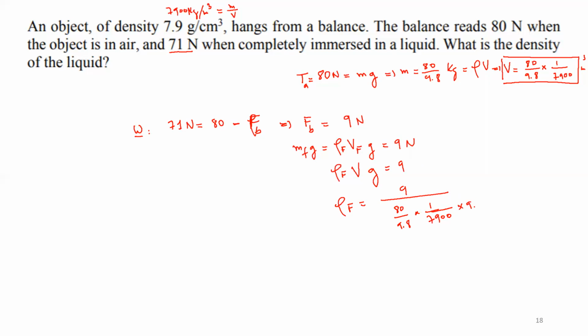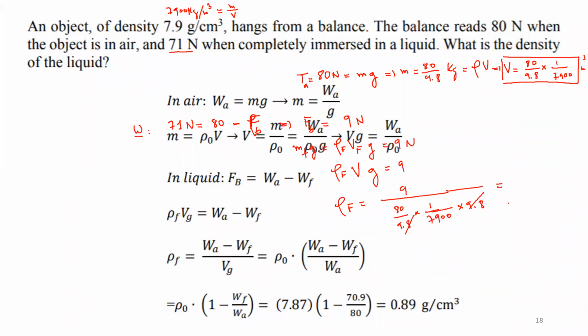And then I have here 9.8. Good, so 9.8 goes away. So you get the density of your fluid in kilogram per meter cube. So how much do you get? It gives you 890 kilogram per meter cube, which is 0.89 gram per centimeter cube.